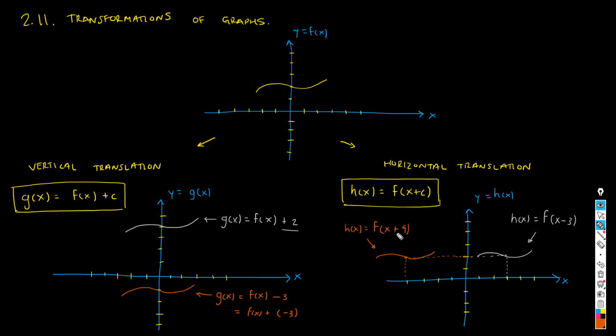To the left, positive constant; to the right, negative constant. And this could be a source of confusion, so just memorize that. Okay, so this is translations, guys. Vertically, horizontally, also known as shiftings. And now let's look at reflections, which I think are a little simpler.